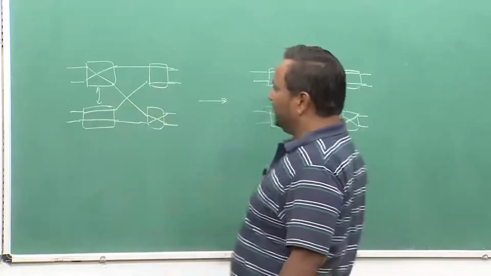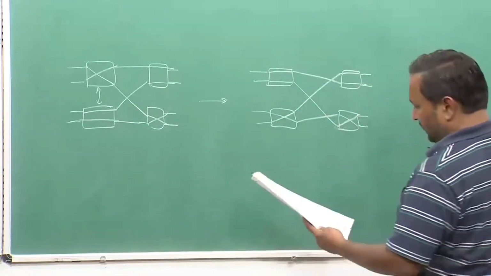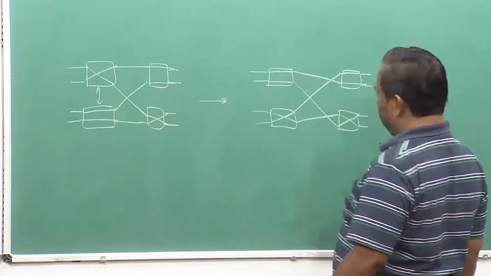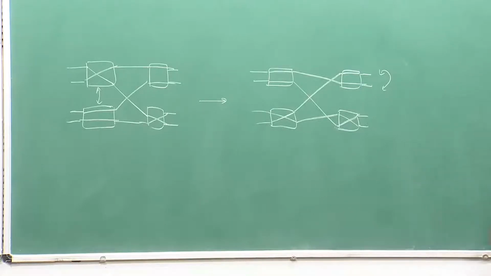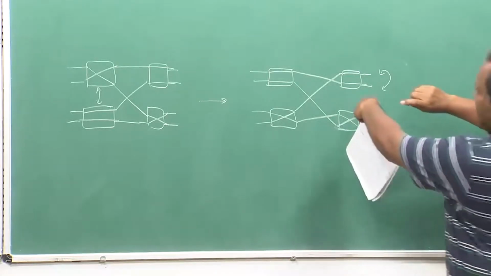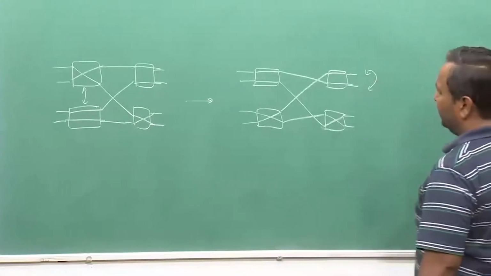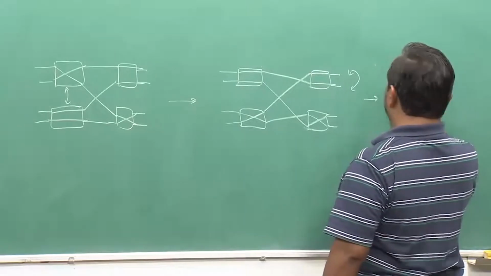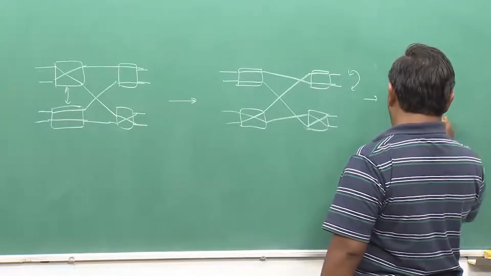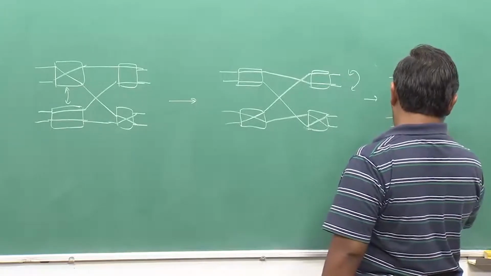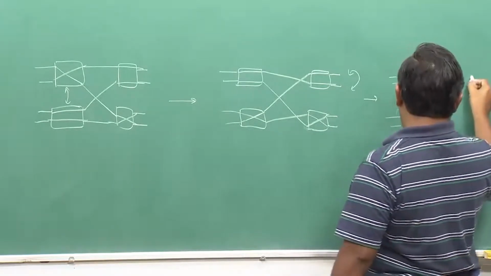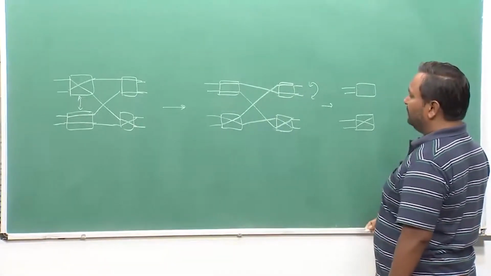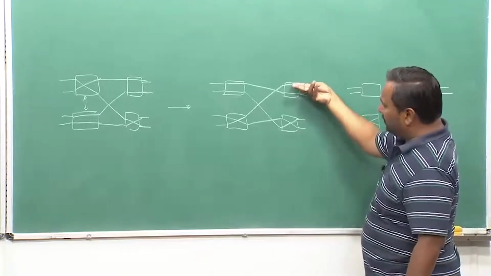This is one possibility. Second possibility is I can do the flipping of the outputs. So, I have technically twisted the switch. So, once I do that, what I will get is this. So, since I have twisted this one, the outputs part, okay, let us actually flip the whole, twist the whole switch.